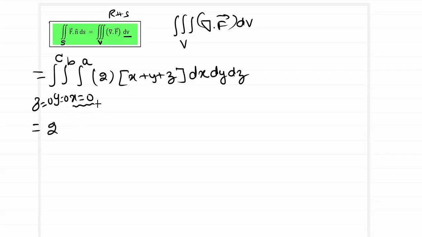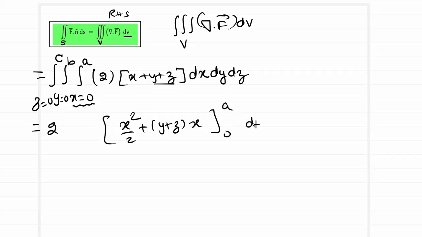When I integrate with respect to x, y and z are constant. x on integration gives you x square by 2 and y plus z on integration gives you x. Now apply the limit between 0 to a, with dy and dz still there, and the 2 integrations, 0 to b where y varies and 0 to c where z varies, left out.